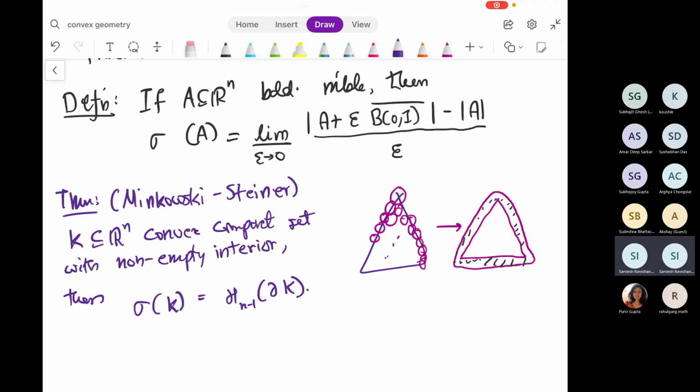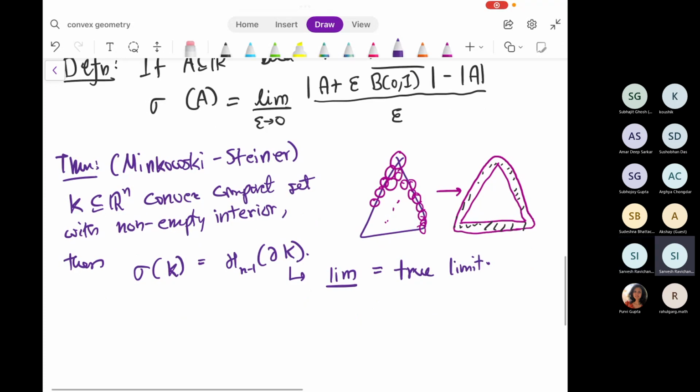And one more thing: in the case of a convex body, it turns out that the lim inf is actually a true limit. So that's another useful thing to know, right?